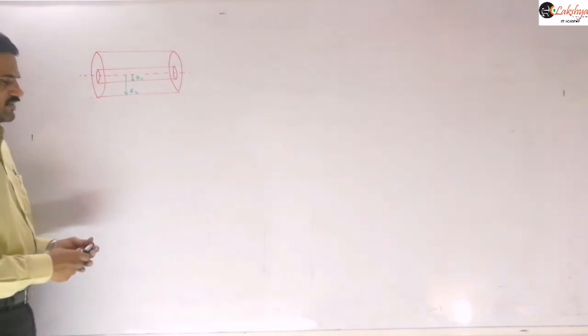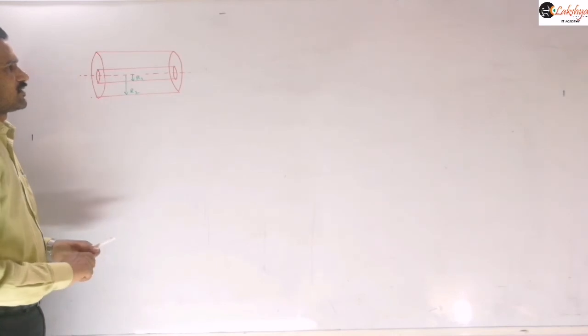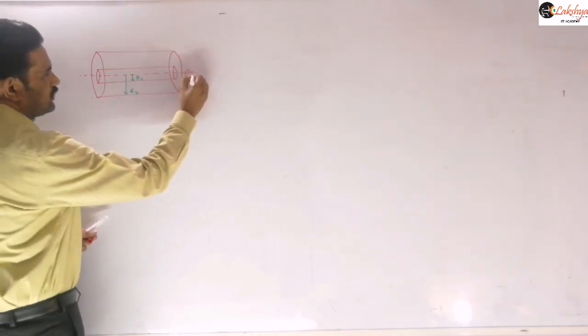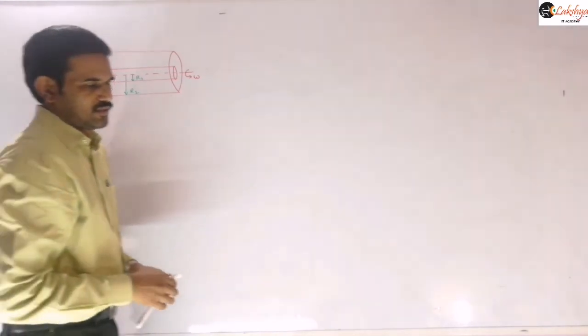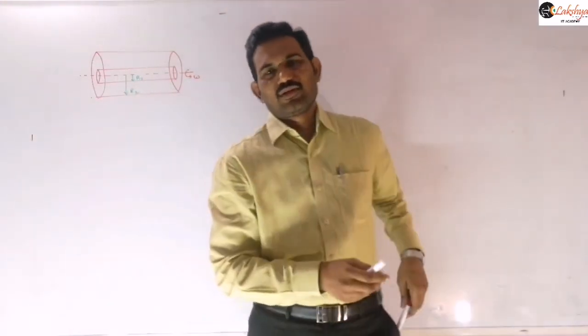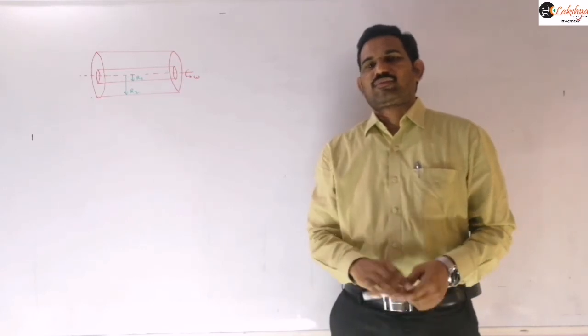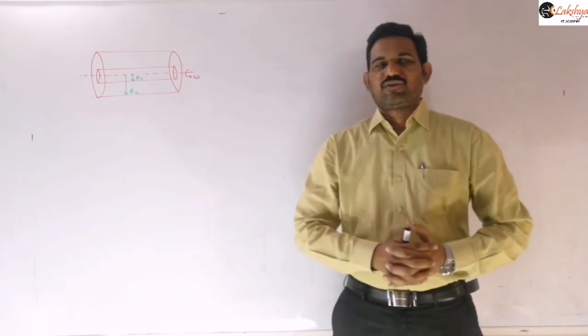If the cylinder is rotated about its own axis with angular velocity omega, then find an expression for its magnetic moment.